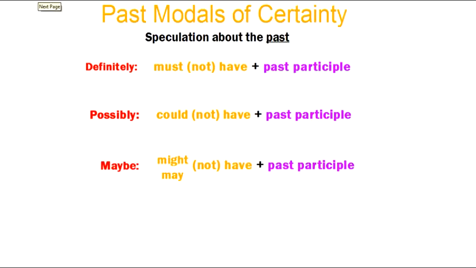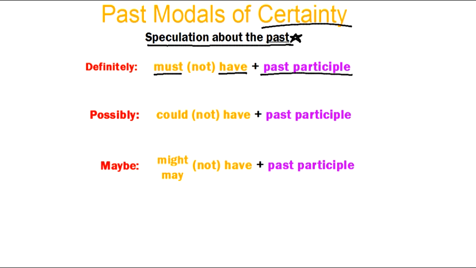So, just to review and to put it all together, we just looked at the past modals of certainty. Past modals of certainty are used to talk about speculation about the past. Remember, it's about the past. That's why it's a past modal. So, if I'm definitely sure about what I'm saying, I use must as my modal, always using have and the past participle to make the past modal.